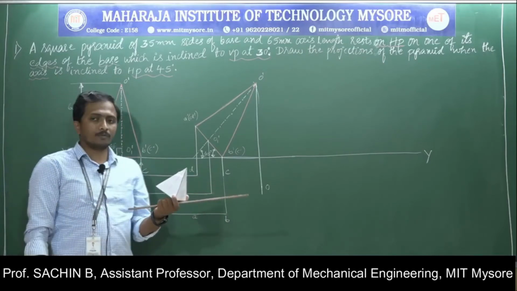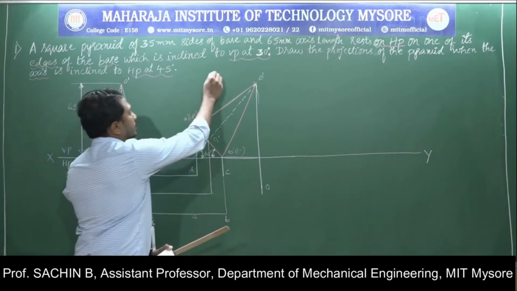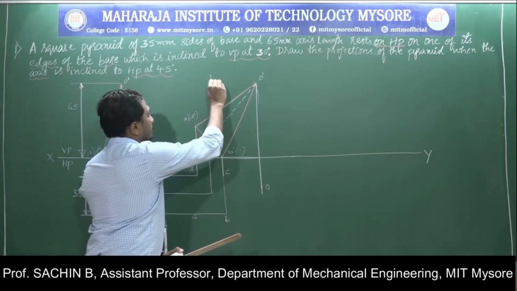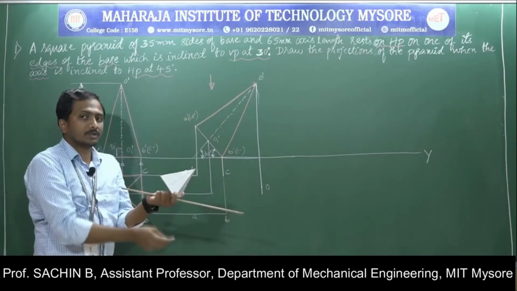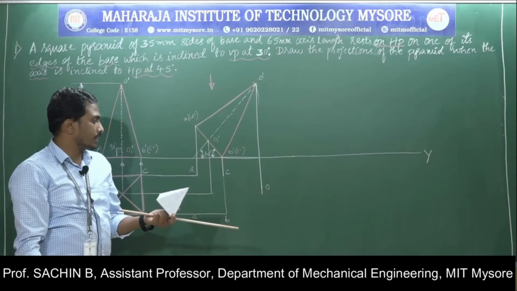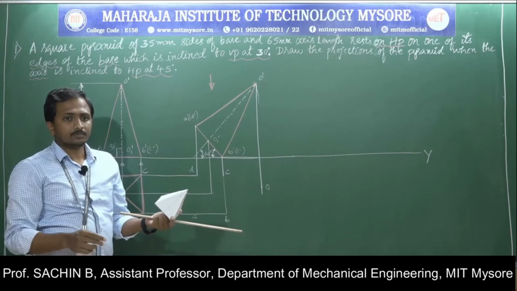Now while writing the top view of the object in the second position, the first concept is: I am viewing the object from here, means the observer is here, and we are viewing the front view of the object to write the top view. The first case is that outermost edges are visible.